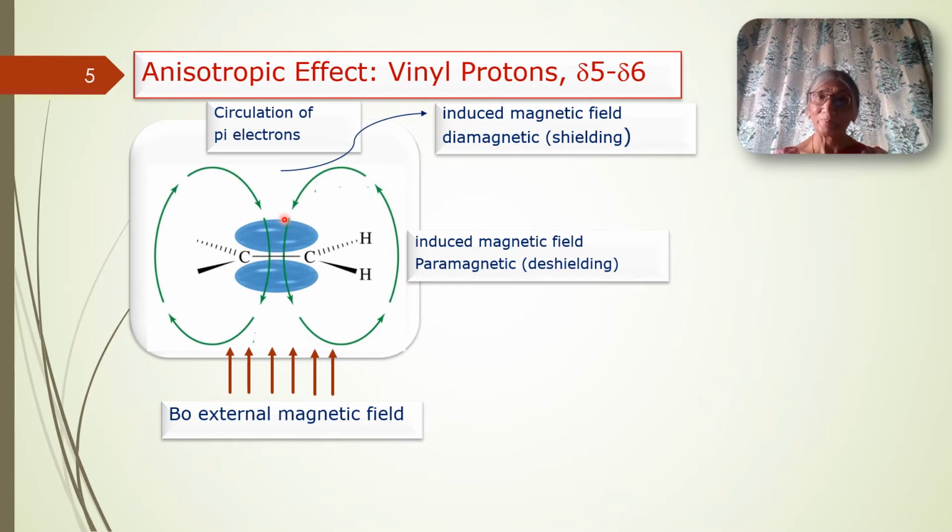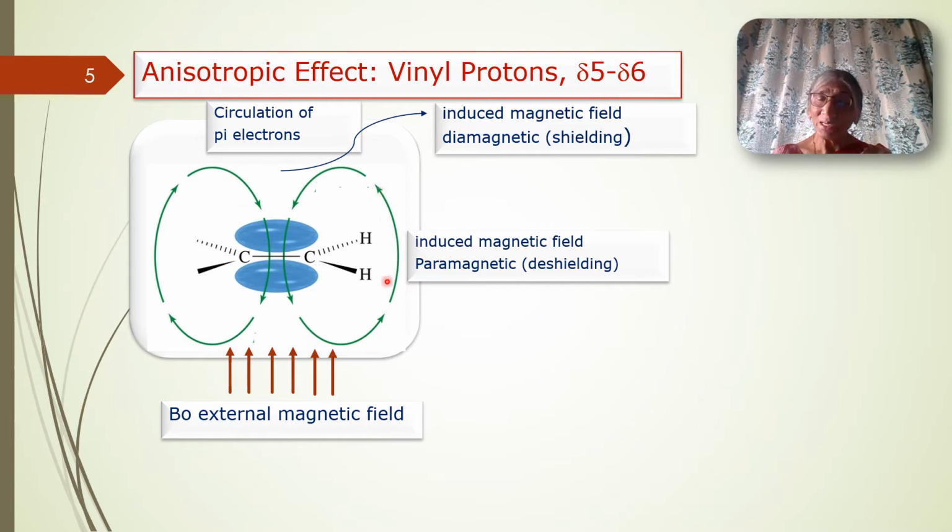This secondary magnetic field is not even throughout the space. In some areas it is parallel to the external magnetic field B0, and this area is known as the paramagnetic area. In other areas the secondary magnetic field is opposite to the external magnetic field B0, and this area is known as the diamagnetic area.